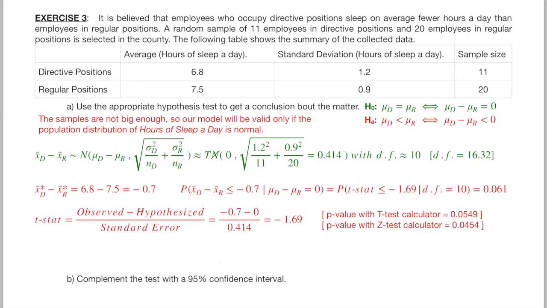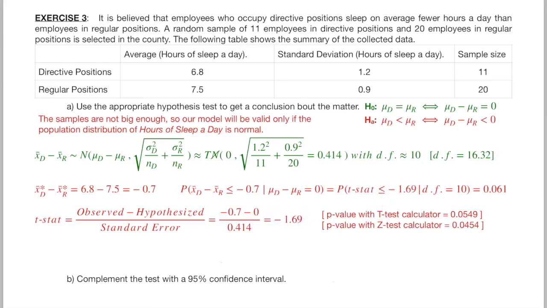0.061. Remember that the t-stat is defined as the observed value minus the hypothesized value all over the standard error. Negative 0.7 minus 0 all over 0.414 equals negative 1.69.